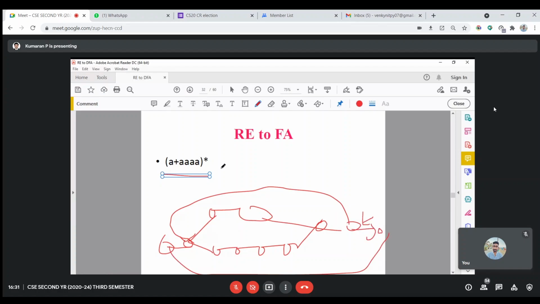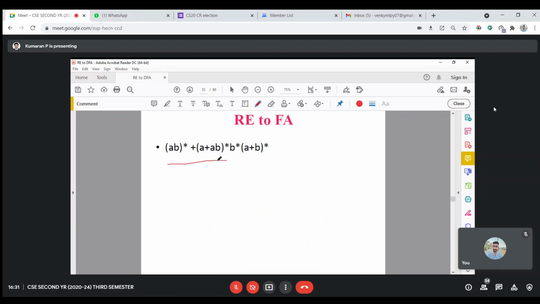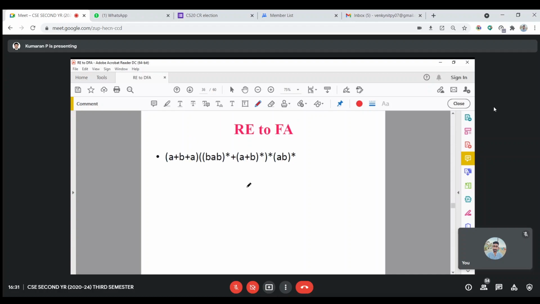So this is single a, triple a. Okay, I hope this will give clarity. Again the same: (ab) one star, union with this one, and after that this also star, b star, a plus b. So you just follow the same procedure.